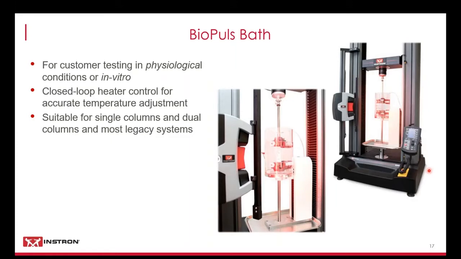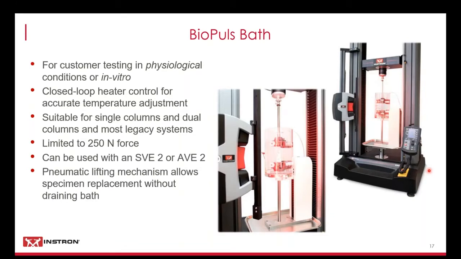It's suitable for single and dual column systems and most of our legacy systems. It is limited to 250 newtons of force due to the pneumatic grips that are part of the setup. It can be used with an SVE2 or an AVE2. There is a pneumatic lifting mechanism, so it allows you to replace the specimen without having to drain the bath. You simply raise and lower the bath around the test space.